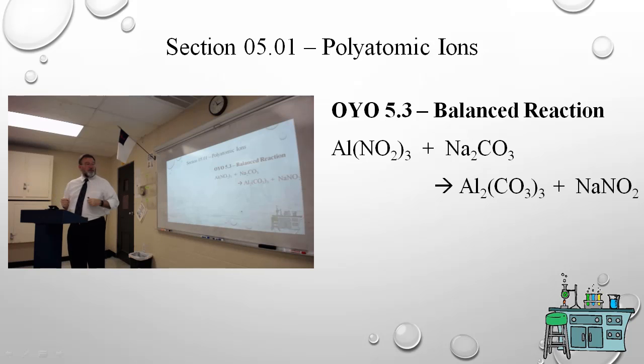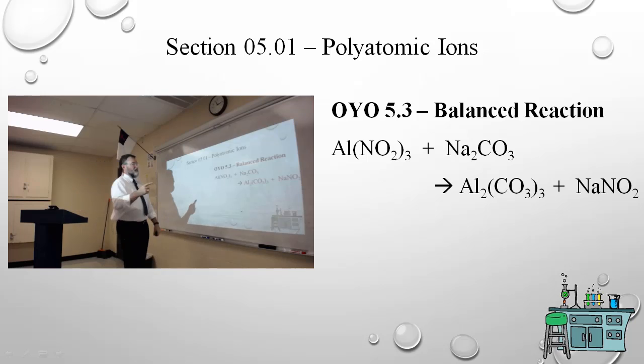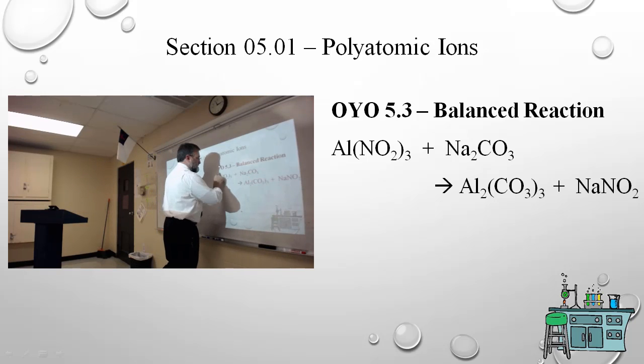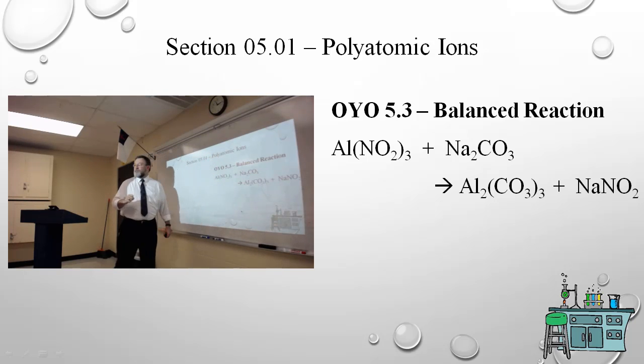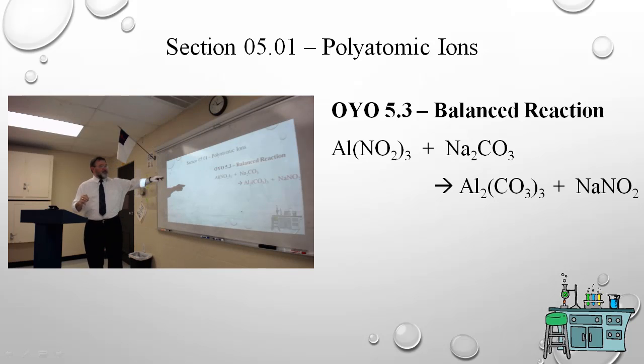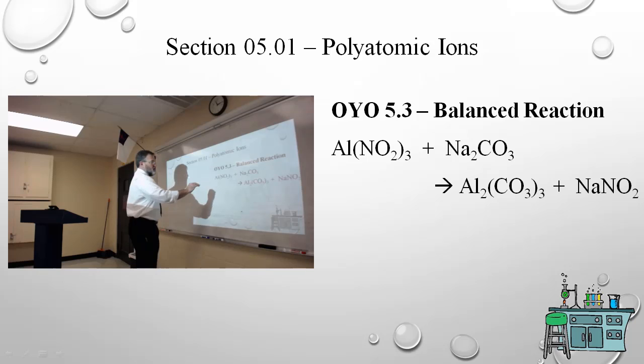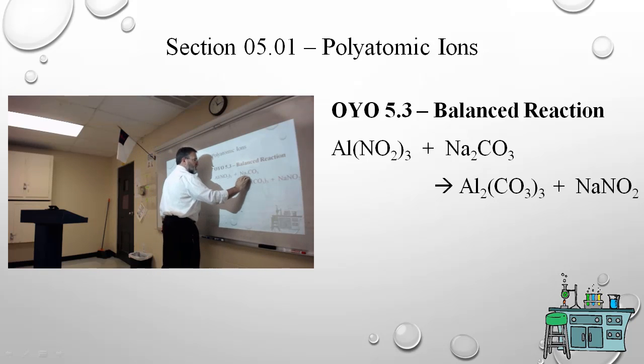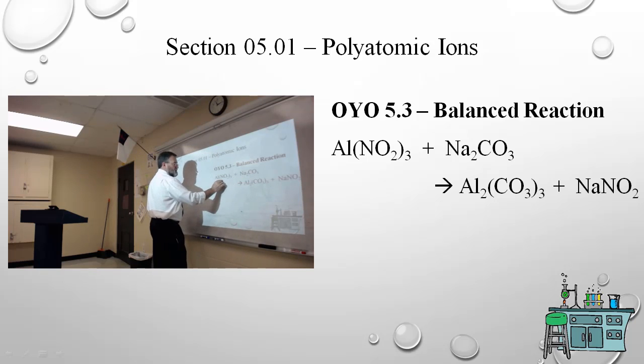Oh, but let's stop for a second too and say, okay, let's not look at the carbonates. Let's look at carbon. How many carbons do I have in the reactants? Count up the carbons in the reactants. How many do you see? Okay, the reactants are these, right? Count up the carbons.